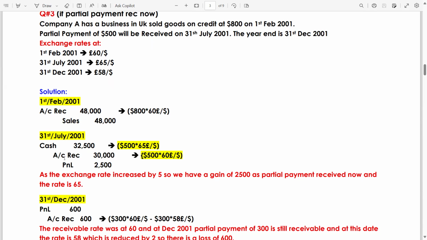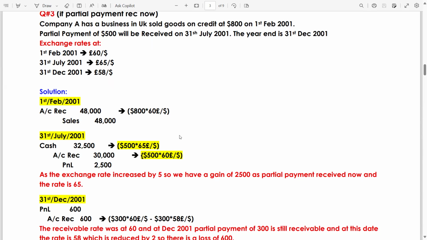Account receivable: 500 multiplied by 60. In case of partial payment, you have to use the exchange rate on the date of transaction, not on the date of receipt. I am repeating again, in case of partial payment, you have to take the exchange rate on the date of first transaction.